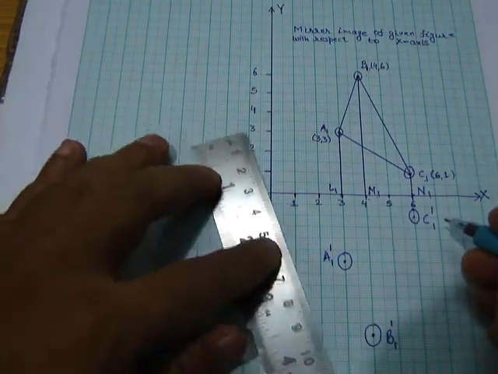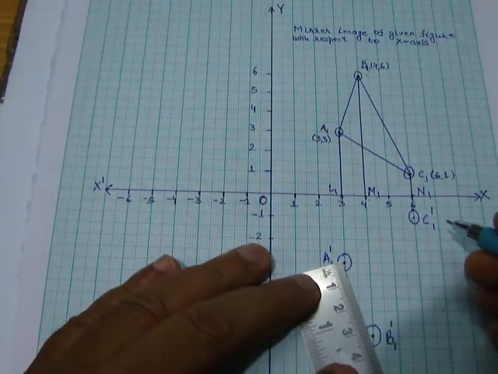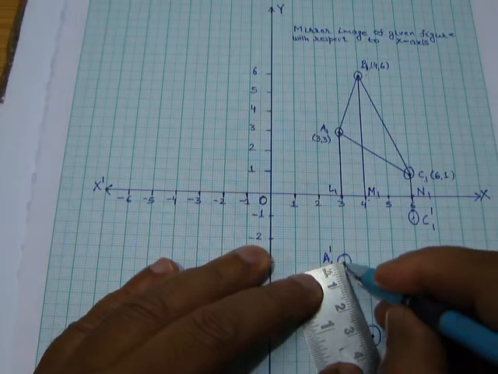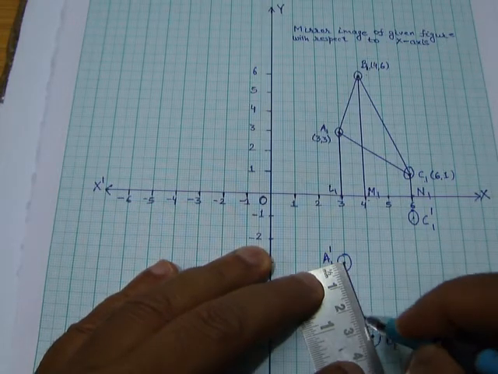So after this we will join the points with the help of the ruler like this.